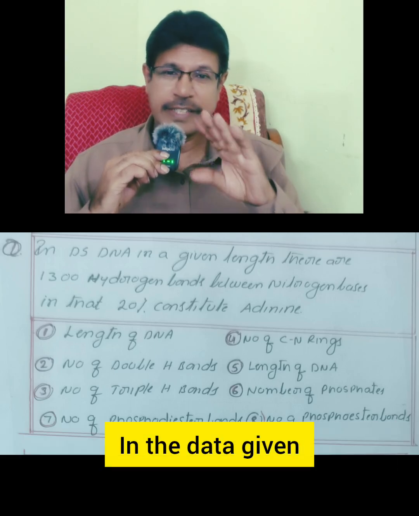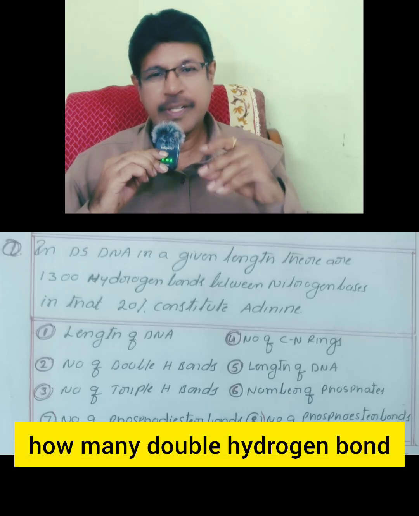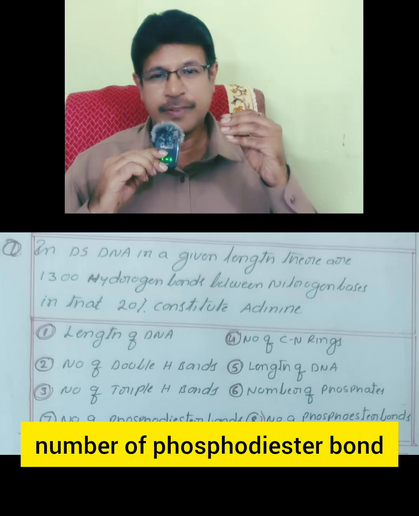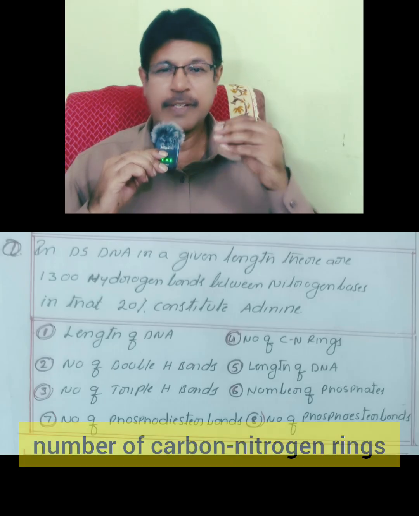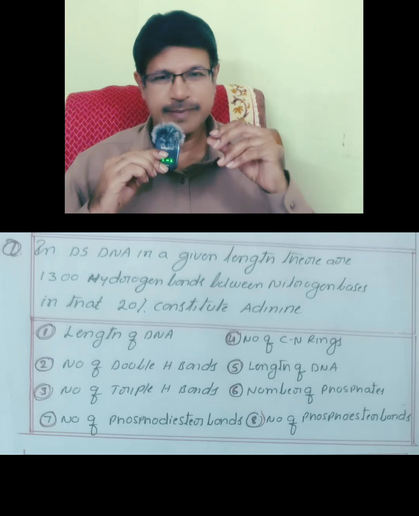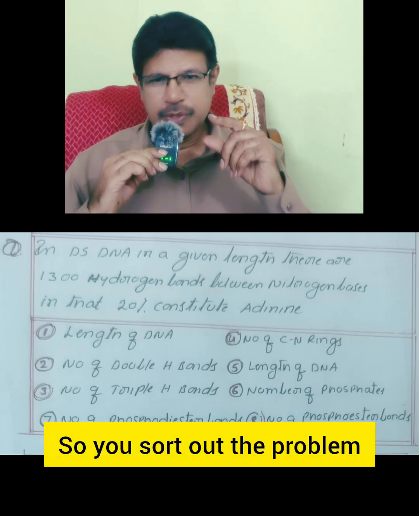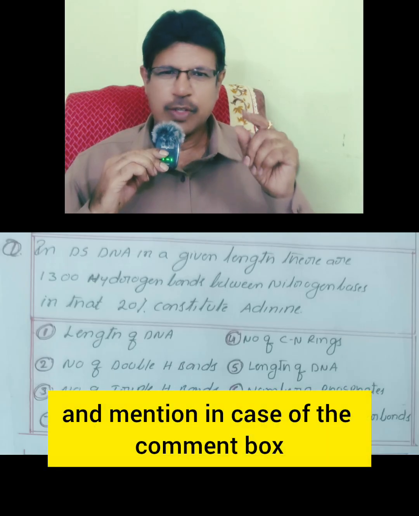In the data given, 1300 hydrogen bonds, you have to calculate how many double hydrogen bonds, triple hydrogen bonds, the length of the DNA, number of phosphodiester bonds, number of phosphates, number of carbon nitrogen rings. So you solve the problem and mention it in the comment box.